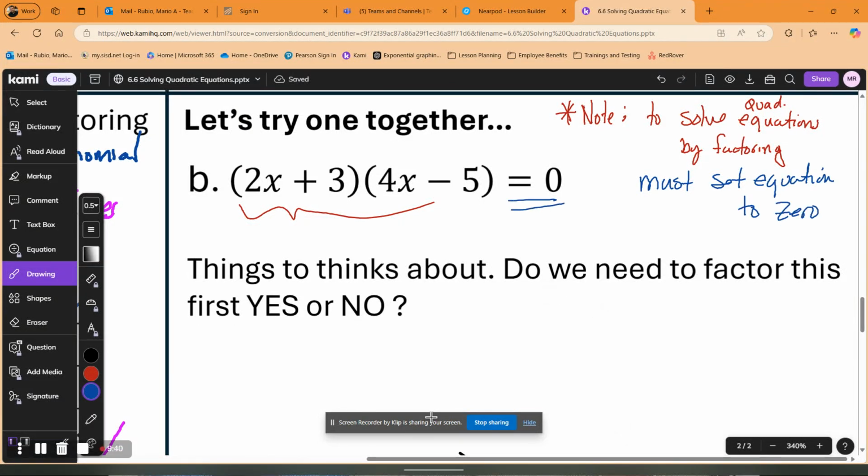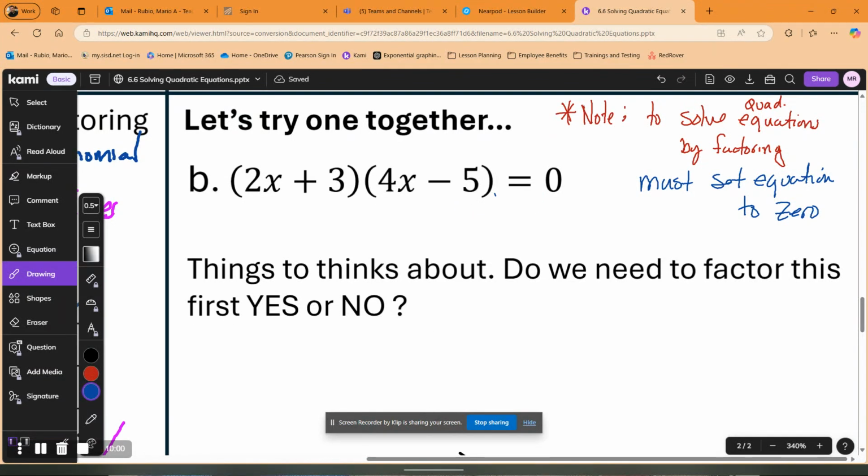Okay, it has to equal 0. So if you have a number, let's say I had 14 on this side, I'd have to make sure I bring it to the other side before I can solve it. You can still solve quadratic equations even if there's a number other than 0, but for us to use this method, all constants have to be moved to the left side of the equation, and the other side has to be a 0.